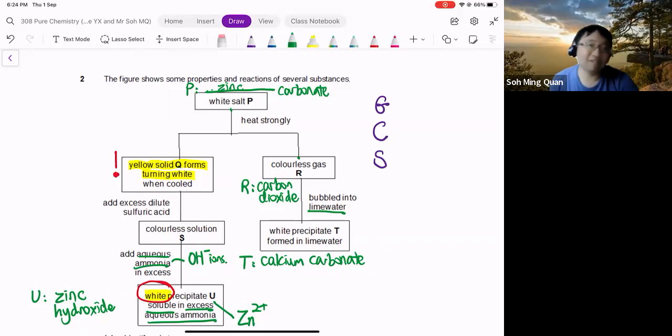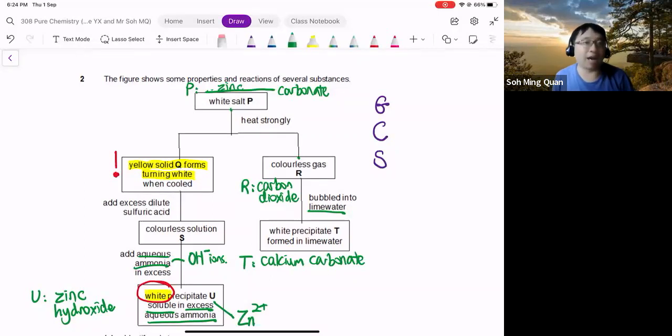All right. So you can see the value of making annotations in your flowchart. When you started with just gas, carbon dioxide, so easy, right? Bubble into lime water means carbon dioxide. Then you realize carbon dioxide must come from a carbonate. So P is a carbonate, just that I don't know what carbonate, so I leave a blank first. Then you go on to color.